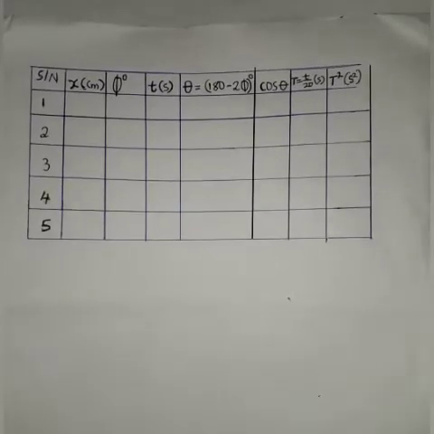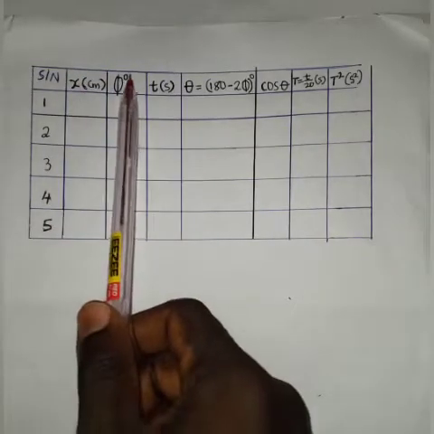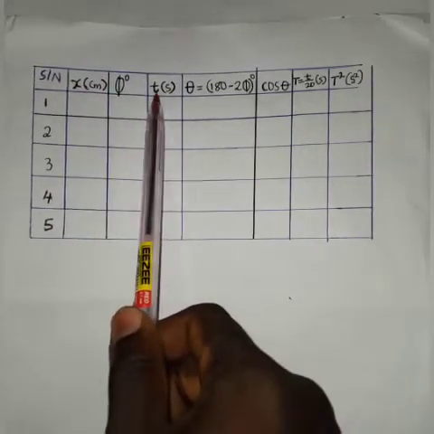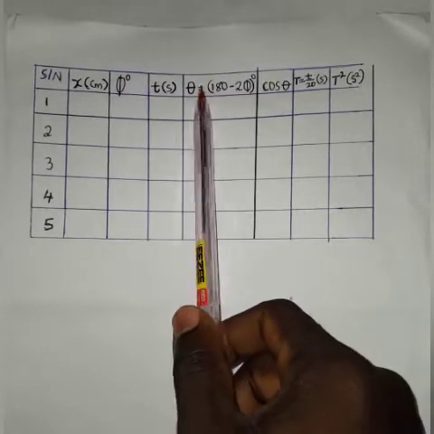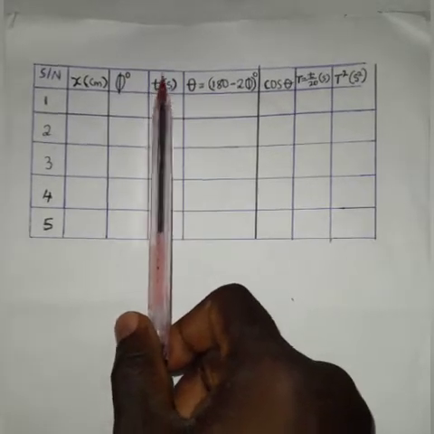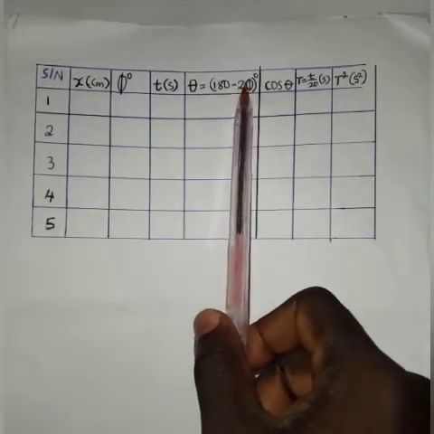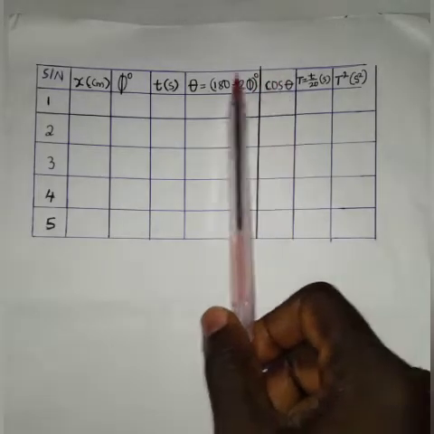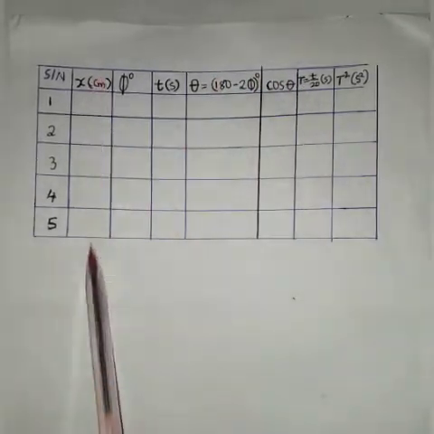So this is my composite table. I started my composite table from the very first parameter we're given: x, phi in degrees, time in seconds. Theta is 180 minus 2 times phi.